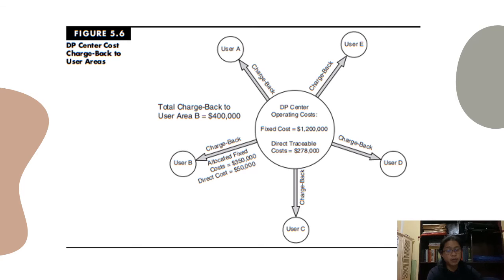Although the user may see this as a $400,000 annual charge, only the direct cost portion is escapable by the organization as a whole. Should the proposal be approved, the remaining $350,000 of the chargeback does not go away. The remaining users of the current system must now absorb this cost.